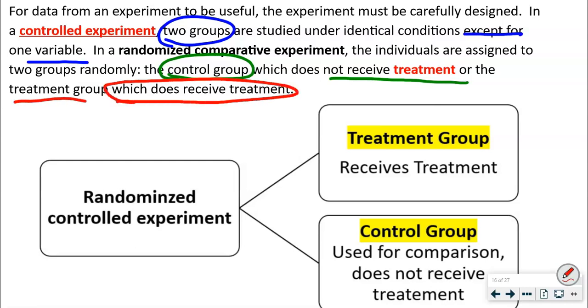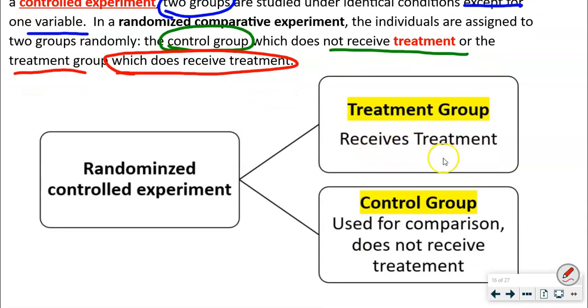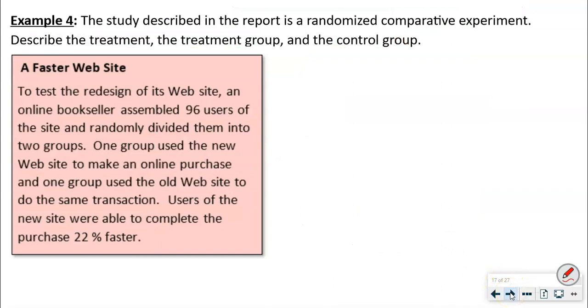Okay, got it? This is how we're going to determine whether the treatment is doing what we expect or not, and it allows us to accurately compare whether it is effective or not.